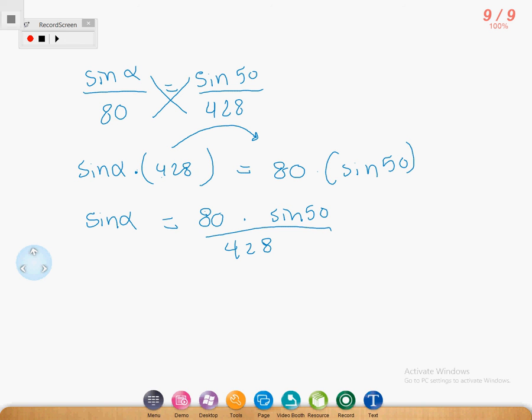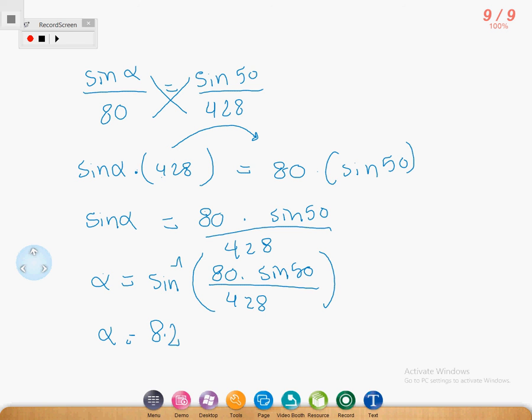So to find alpha alone, what do I have to do? Bravo, excellent. I have to find the inverse. So alpha equal sine inverse of all of this. Just write it on the calculator, it's easy calculation, over 428. The final answer, alpha, will equal 8.2 degrees.